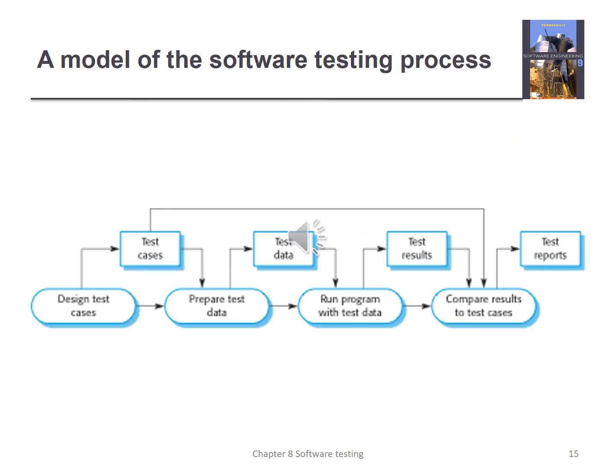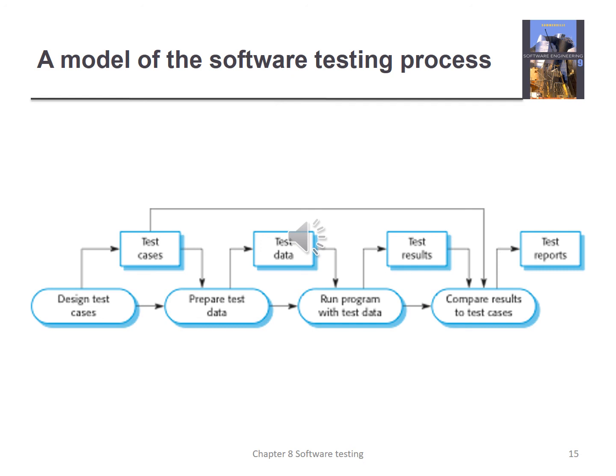This diagram shows the steps we go through in the testing process. In the design, we design test cases. Sometimes in the requirements, we say that we are going to test a requirement, so we create test cases. Then we prepare test data: what kind of data and parameters we are going to supply.